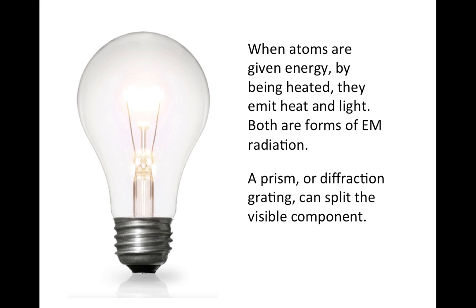If you take the sun's light, or the light from an old light bulb like that, then you can use either a glass prism or a diffraction grating to split this light into its components.